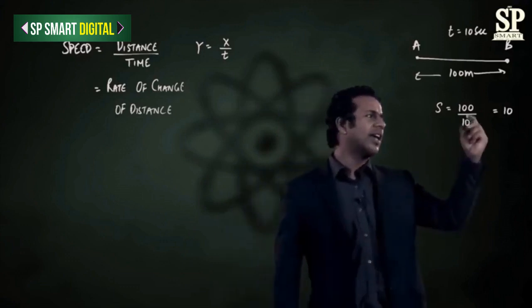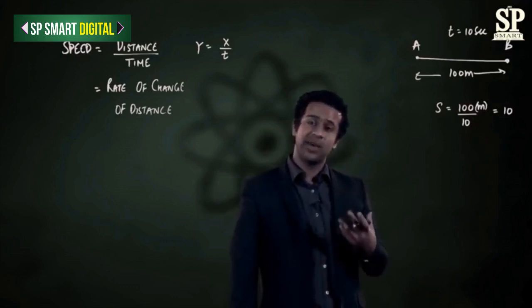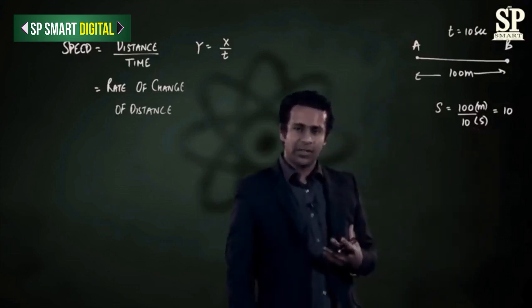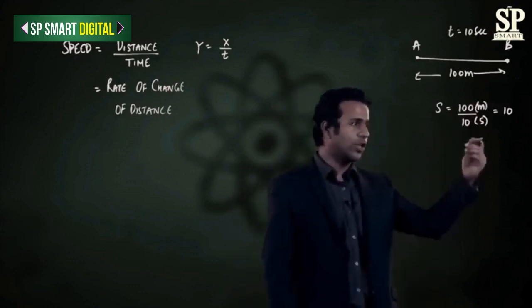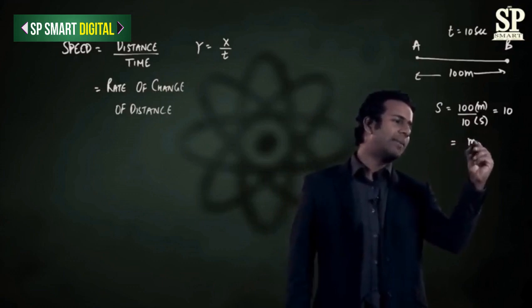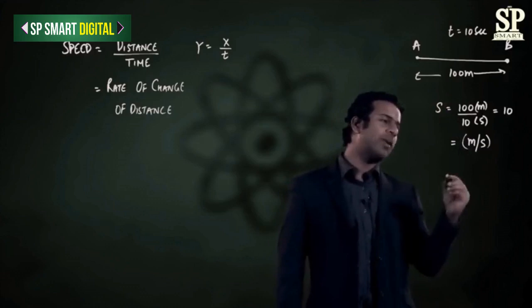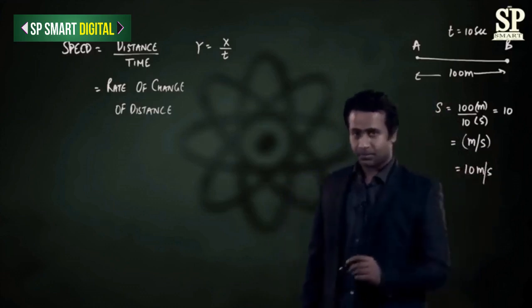Distance is measured in meters or kilometers, and time is measured in seconds. In the standard units, we take distance in meters and time in seconds. So, the units for speed are meter per second, and the speed of this particle is 10 meter per second.